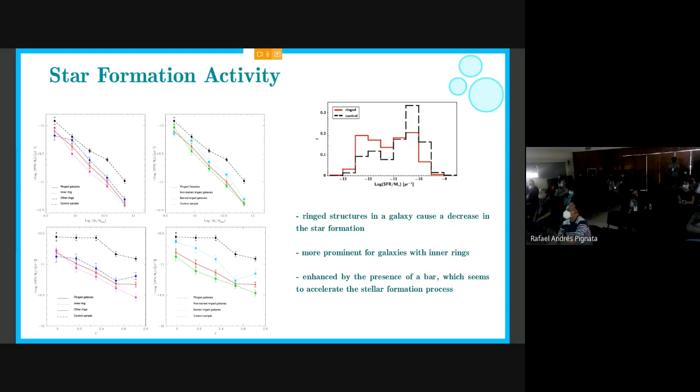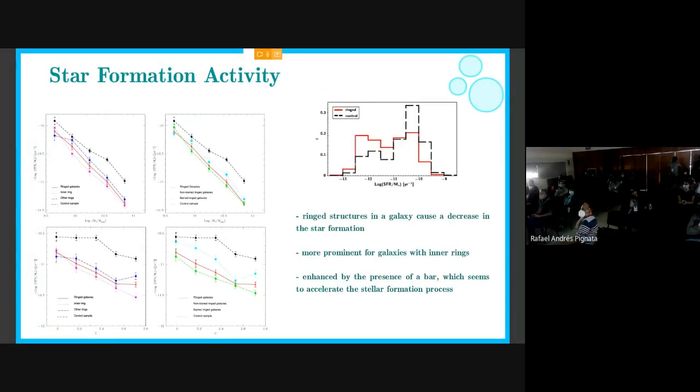In addition, we analyze the variation of star formation activity with respect to the stellar masses and the concentration parameter.